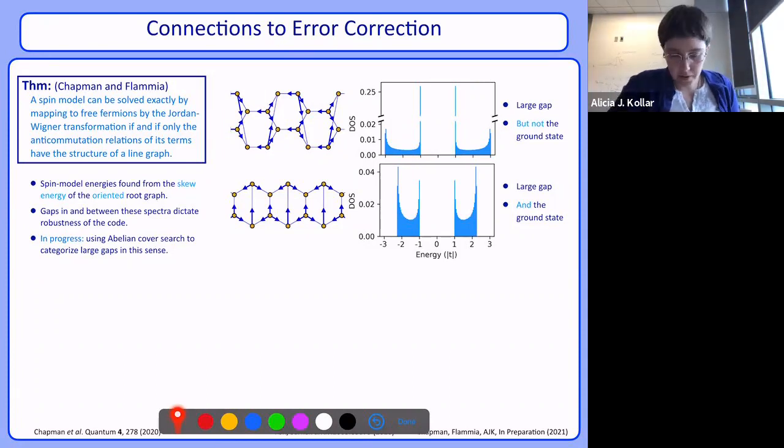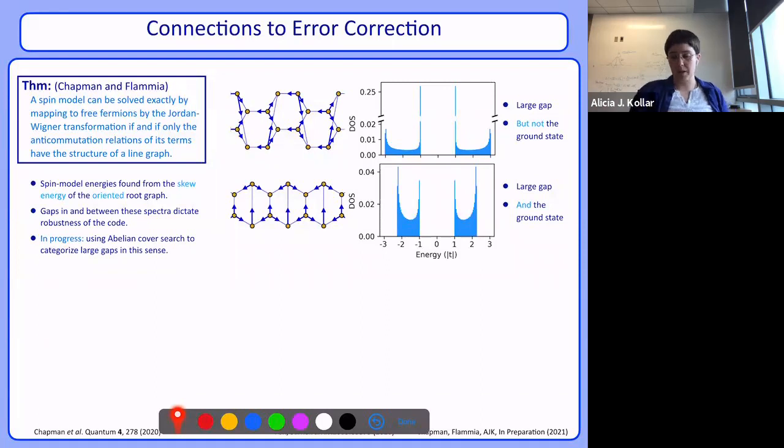And then it turns out the other energy that's very important is if you sum the absolute value of all the eigenvalues. This is a quantity that in the graph theory literature, I believe, is called the skew energy, and it amounts to summing all of these eigenvalues. The stability of the code depends on the difference in skew energy between the different orientations and on this single particle gap.